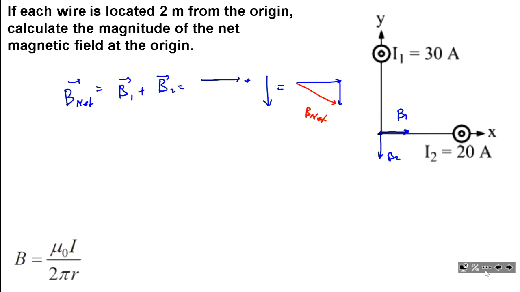Well, now we know what to do. We have to use the Pythagorean theorem. And if we need to describe the direction, we have to use a tangent. Because tangent will be equal to B2 over B1. And the strength of the net field will be equal to the square root of B1 squared plus B2 squared.